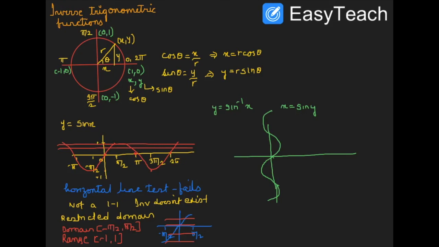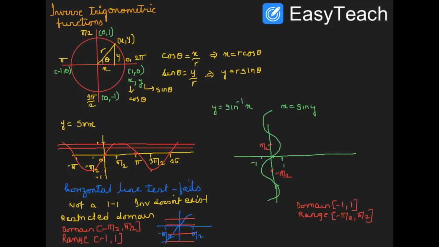So y was minus 1 to 1, and x was here pi by 2 and here minus pi by 2. So this is the graph of y is equal to sine inverse x. And now we can see what is the change. The domain here, that's the value of x, has now become minus 1 to 1, and the range has become minus pi by 2 to pi by 2.